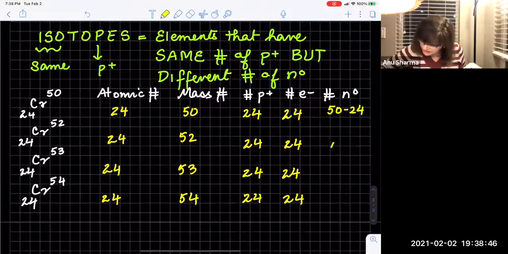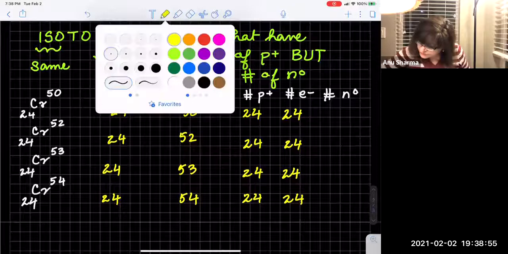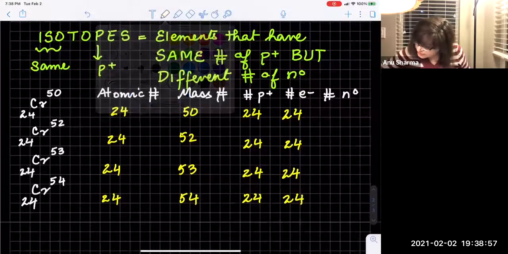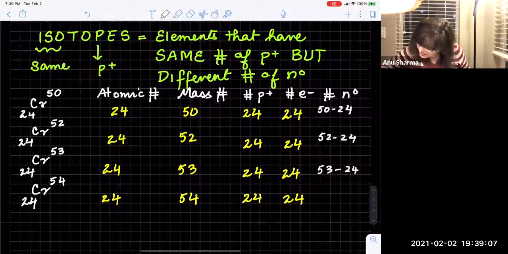This one is 52 minus 24. This one is 53 minus 24. And this one is 54 minus 24.